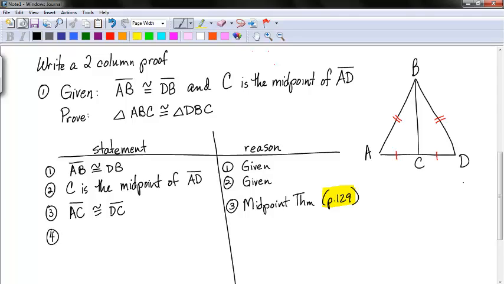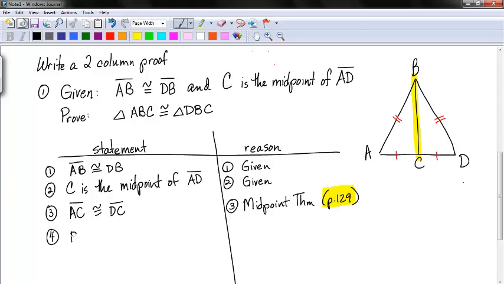Now, if you look, so far we have two sides. We've got this side congruent to this side. We've got this side congruent to this side. Where can we get another side? Yeah, this side. Isn't that side congruent to itself? If anything's congruent to itself or equal to itself, what property is that? Reflexive. Yep, reflexive.